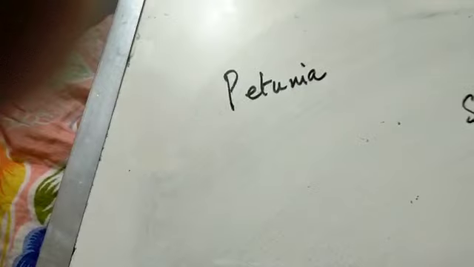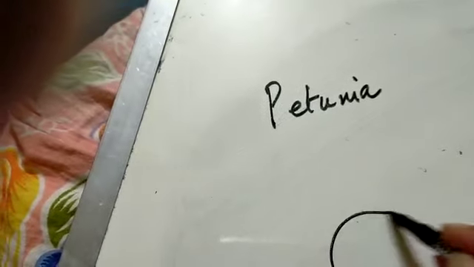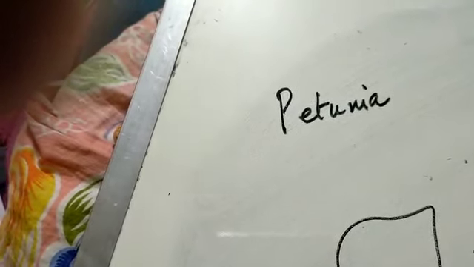It's a very common flower present in every garden. In petunia, if you see the petals of the flower, the stamens originate like this. They are attached to the base of the petal, and this condition is called the epipetalous condition. What is it called?